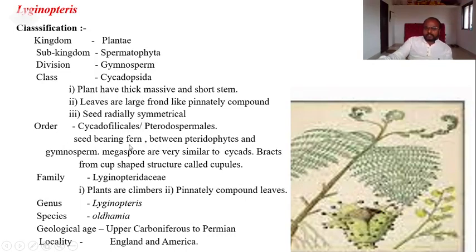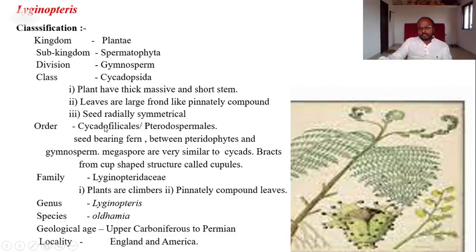Then the order is Cycadofilicales, or another name is Pteridospermales. It is Cycadofilicales or Pteridospermales because this plant shows some characters of the Cycadopsida and some characters of the fern, and therefore the scientists gave the name Cycadofilicales.